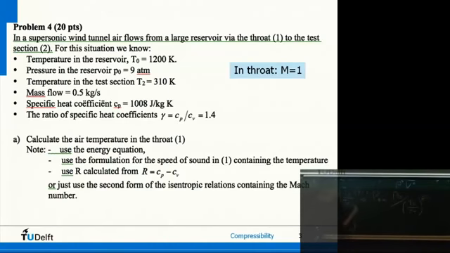So this is from A to the power 1 over gamma minus 1, so that is 1.4 minus 1. And then we find 1.674 kilograms per meters to the third. Oops, are we done now?